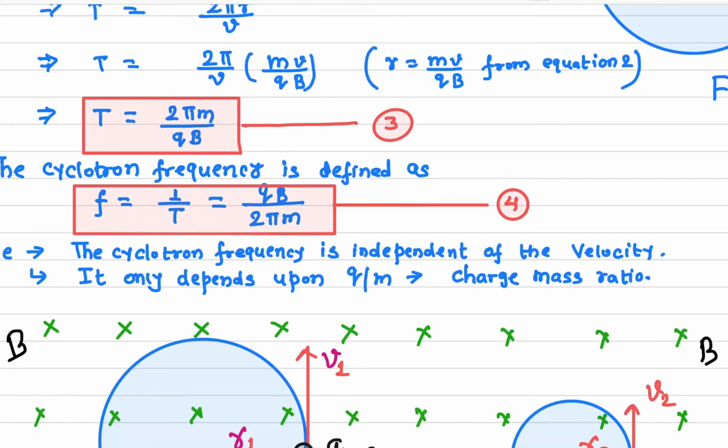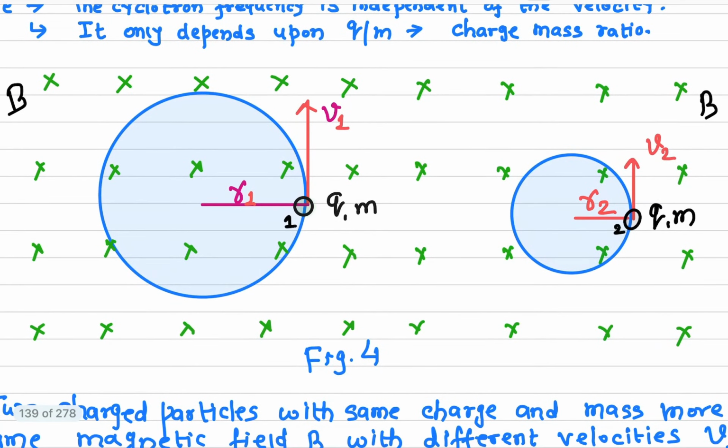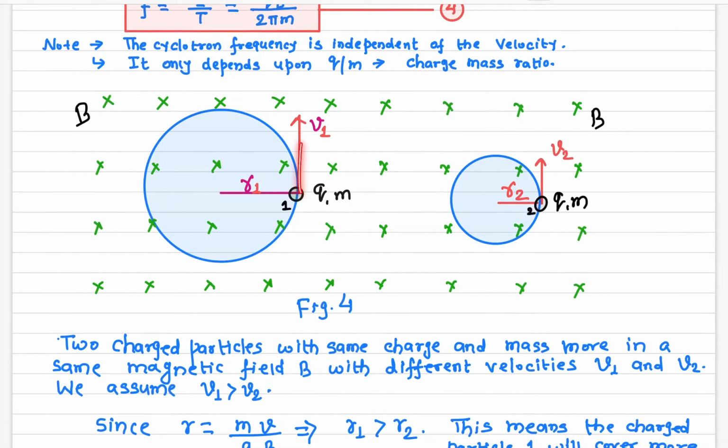It might give you a little bit of confusion. How come, if it is moving with such a different velocity, the higher velocity should complete in a smaller time, but it is taking exactly the same time? How is it possible? The answer is, if the charged particle is moving with a larger speed, then it will move into a larger orbit.